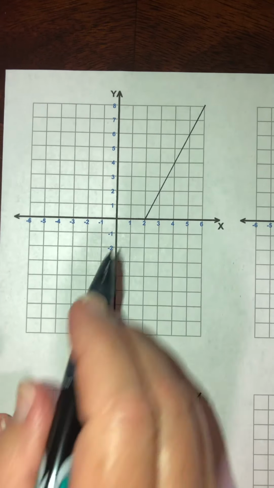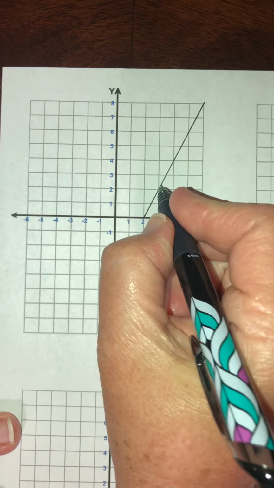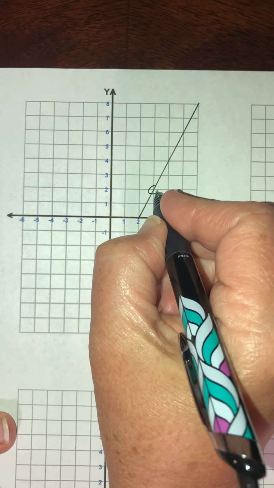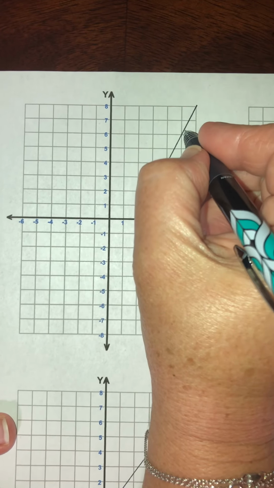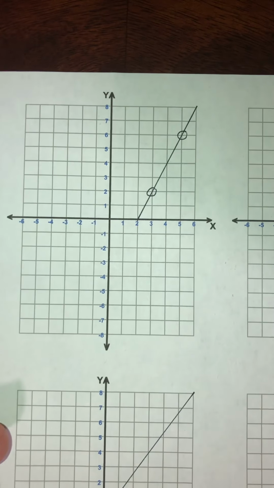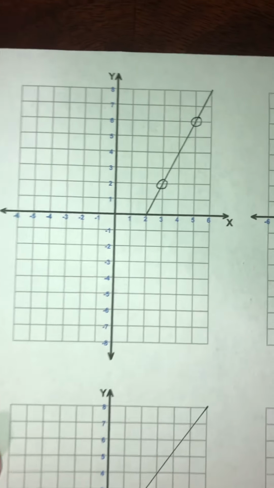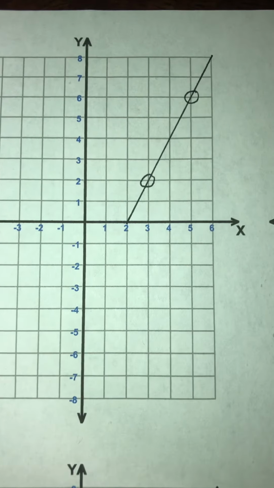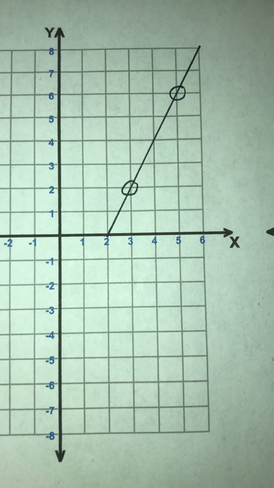If you look here on this graph, it crosses over right here, and it also crosses over right here. If you're taking a good look at the video, you can see what I mean by crosses over, where it makes the perfect intersection.